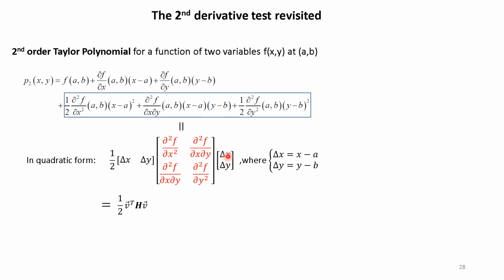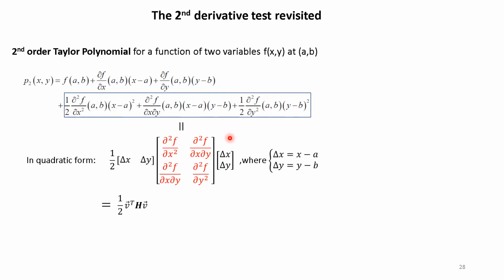Try to see carefully, to make sure that you are able to get from here to this form. You can do the reverse: if you actually do the matrix vector multiplication, you will indeed find this.